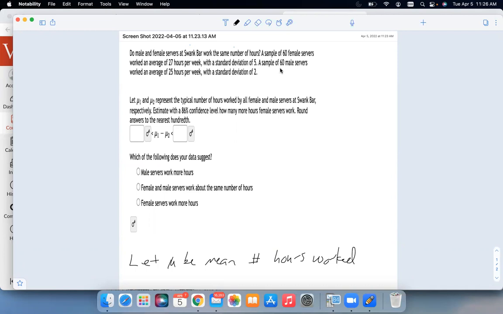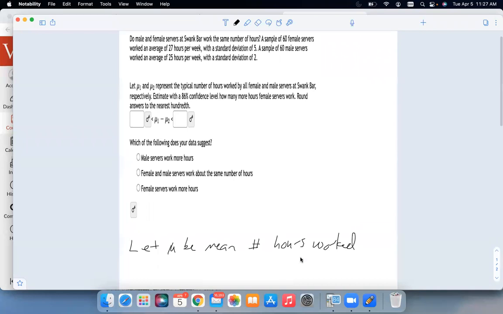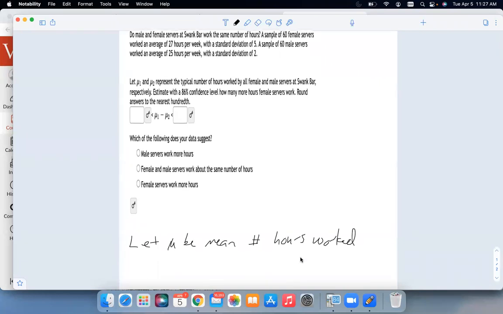So this bar would need to have at least 1,200 servers. Obviously not a realistic problem. But we don't mention those groups when we're defining our variable. We're trying to define mu here to be the mean of all the servers.